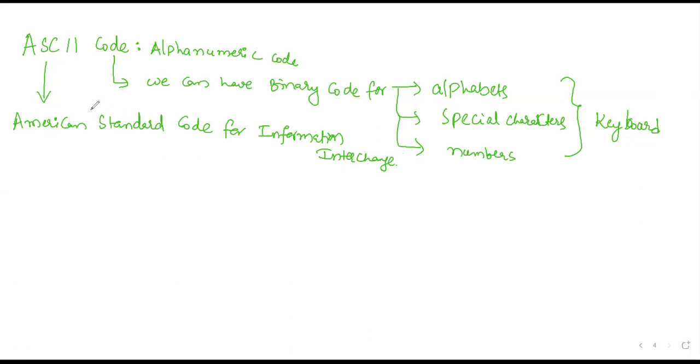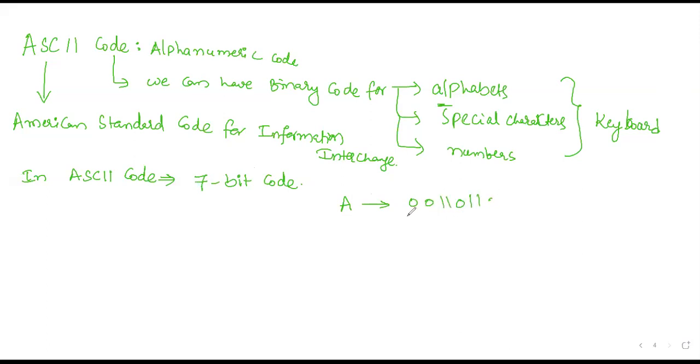So here in ASCII code, each alphabet or special character or number is represented with a 7-bit code. So for each letter, whether you take capital A, you have to represent it with 7 bits.